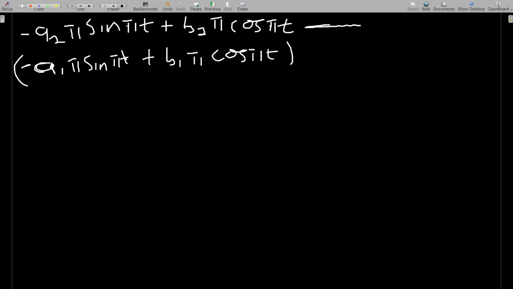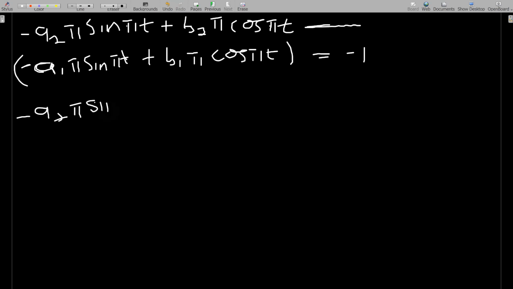Okay, this you got negative 1. Now let's try to simplify. Okay, so I have minus a2 pi sine pi t.